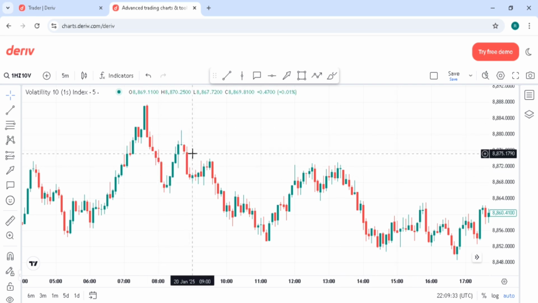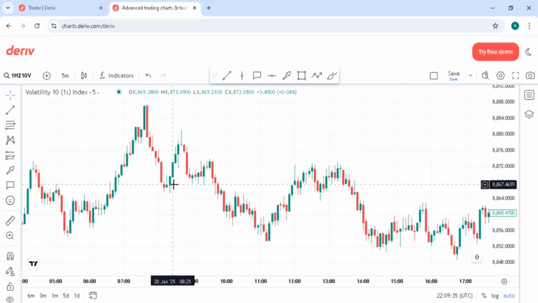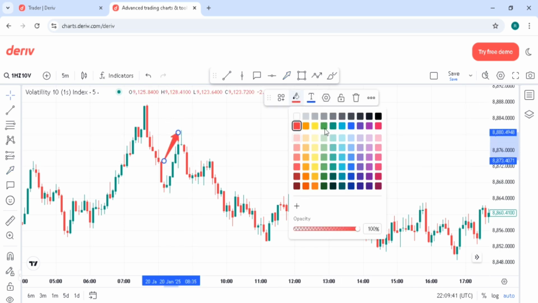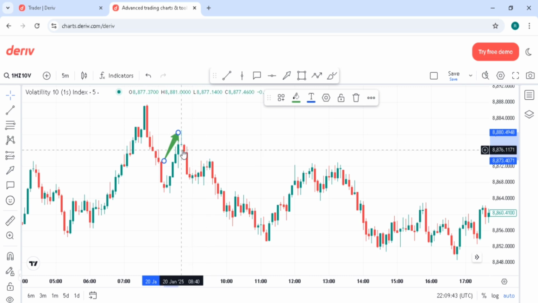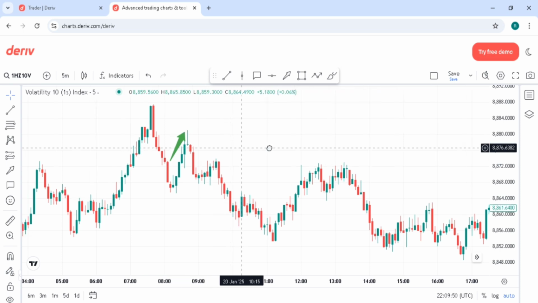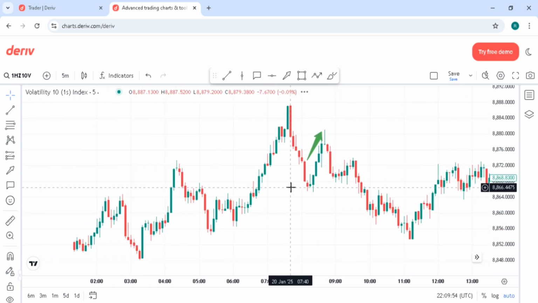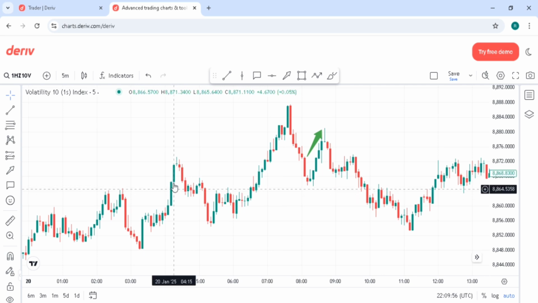This one is also an evening star, an uptrend. See, there is an uptrend, then a small green candlestick, then red. So this one is clearly an evening star. Here is another evening star.